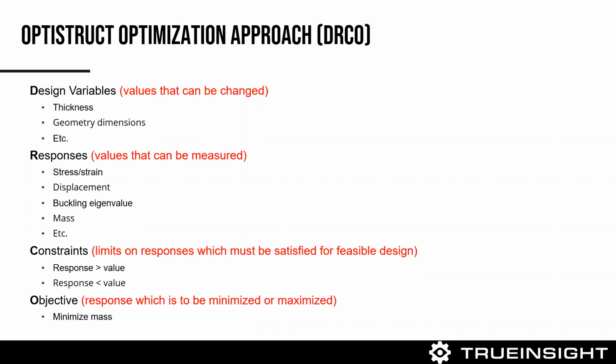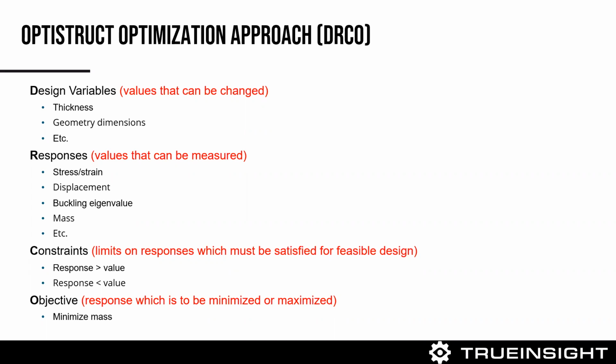In topology optimization, you're specifying a design space. That's your design variable. You're saying I can remove mass from that entire design space. With some of the other optimizations, like free size optimization and shape optimization, which I'll show, you're specifying the design variable as maybe the thickness, or maybe you're doing composite optimization and controlling your ply drops, those kinds of design variables or parameters.